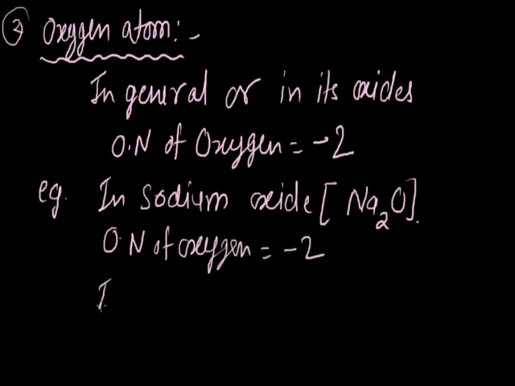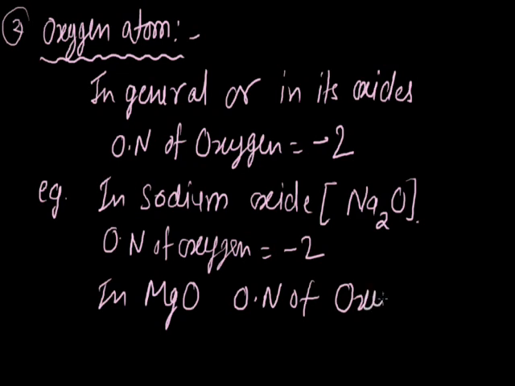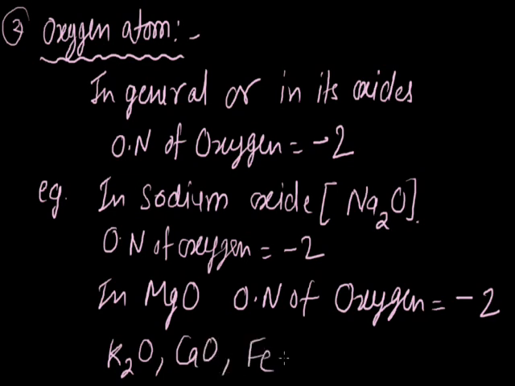As same as in magnesium oxide, the oxidation number of oxygen is equal to minus 2. And in many more examples like potassium oxide, calcium oxide, ferrous oxide, zinc oxide, etc., the oxidation number of oxygen is always minus 2.